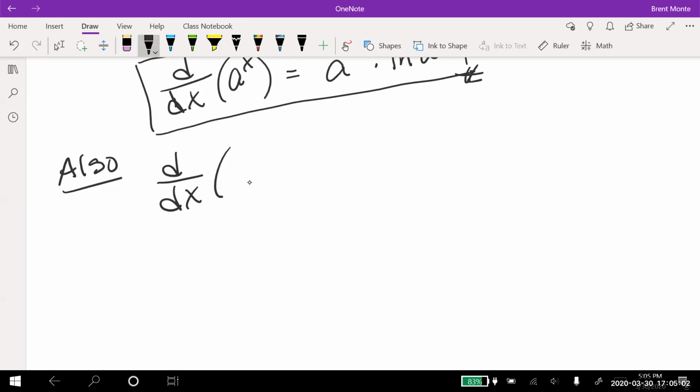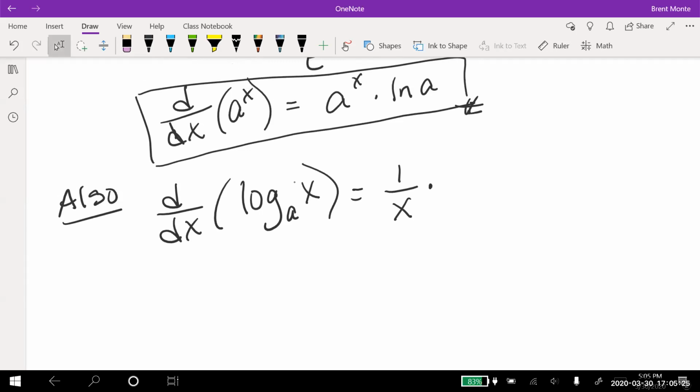So take the derivative of log base a of x. What are we going to get there? Well, similar to when we had the derivative of ln, where it's just 1 over x, we still get back that same 1 over x. But we have a different base, so it's going to be times, just like what we did to a to the x times ln of a, except since the x went to the bottom, so does the ln of a.